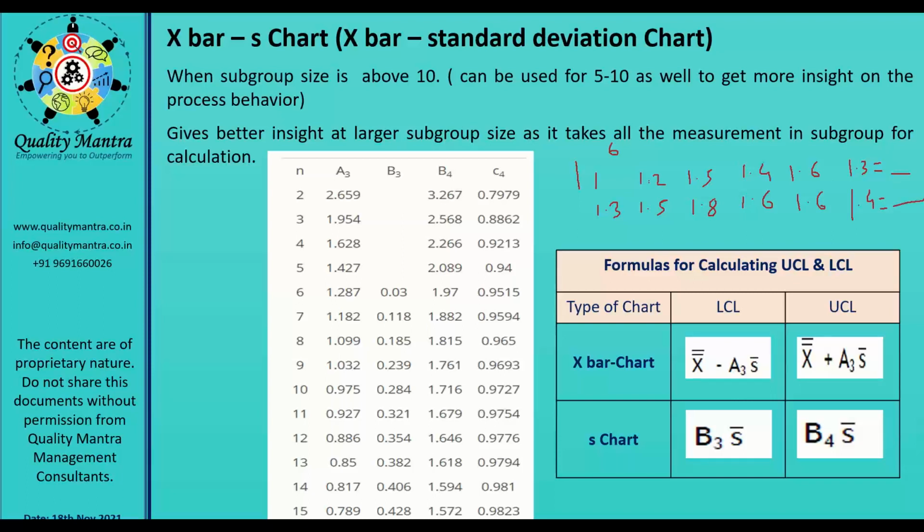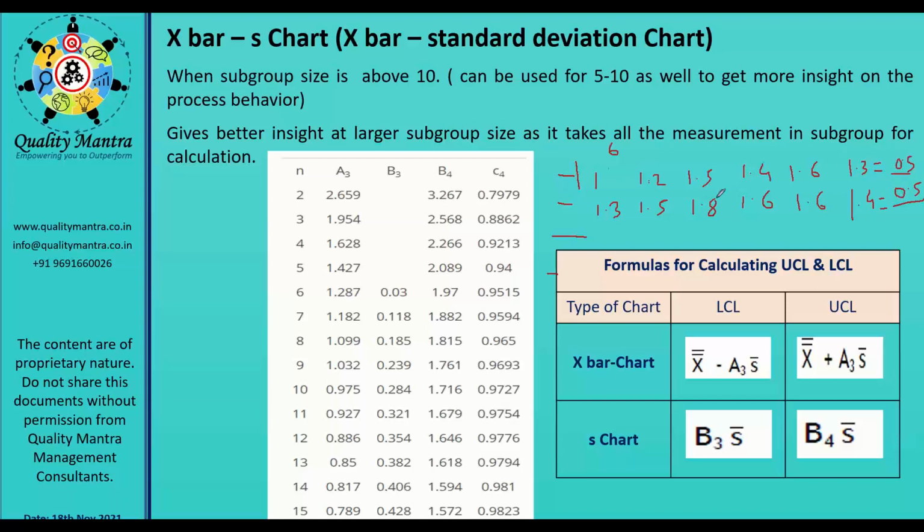These are the two data sets you have. Now tell me, what is the range of this data, both the data? These are the two subgroups you have. So the range is 0.5 for this one. And what is the range for this? It is also 0.5. Now both the ranges are the same.